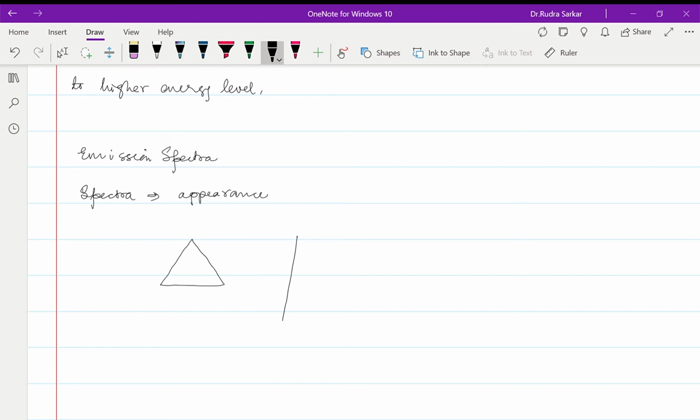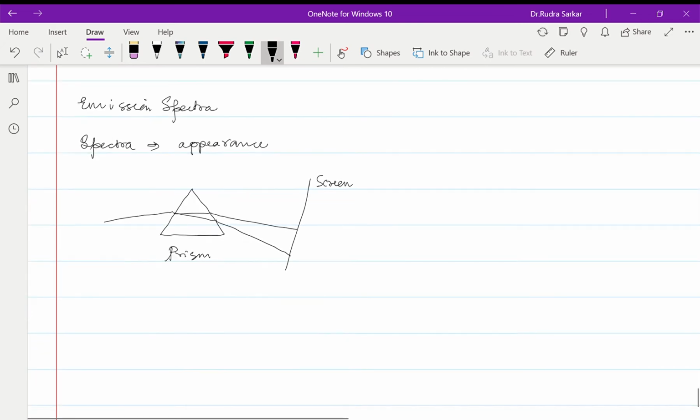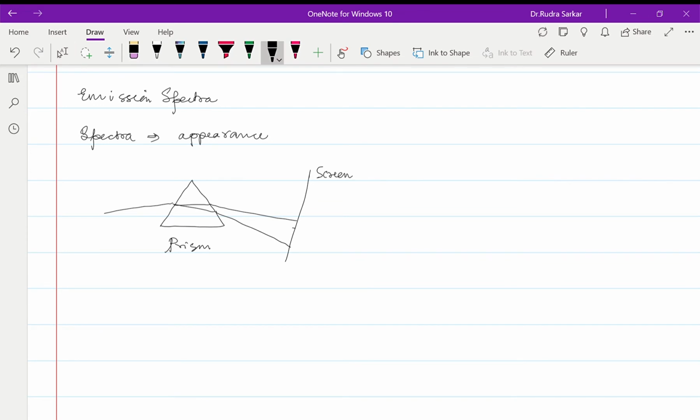There was a light that got deviated, further deviated, emerging from the prism like this. All that theory we have discussed. This is your screen, that is your prism, and we said we were getting some lines, say here, here, like that.